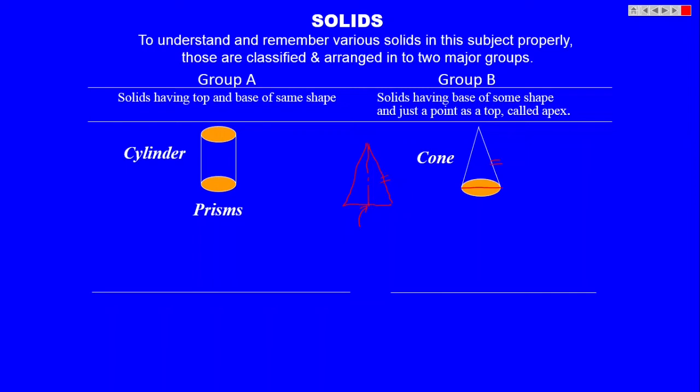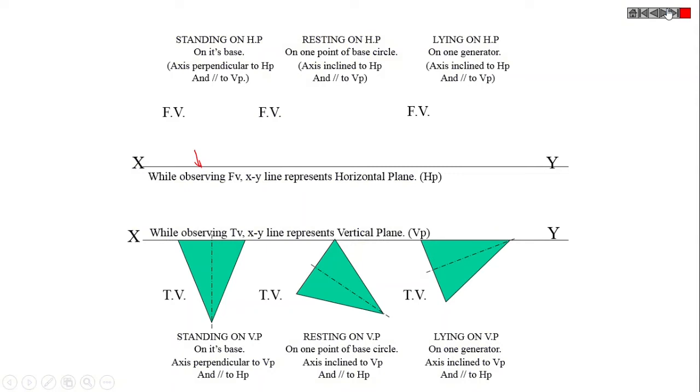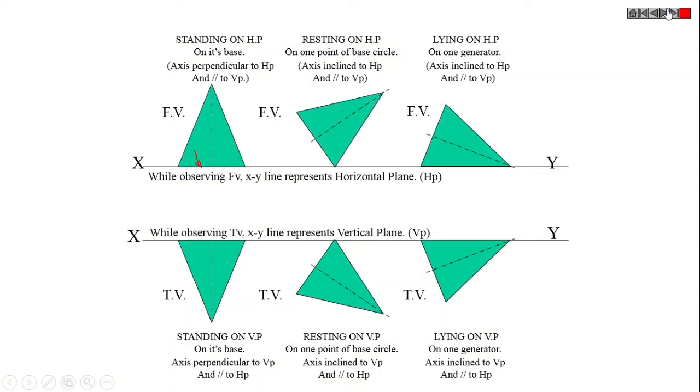Okay. Then we can see that in this particular figure, the axis of the cone is perpendicular to the base, and that base is in HP. That means the axis of the cone is perpendicular to HP. And when we tilt this particular front view, in the second figure, the cone is resting on HP on one point of the base circle.